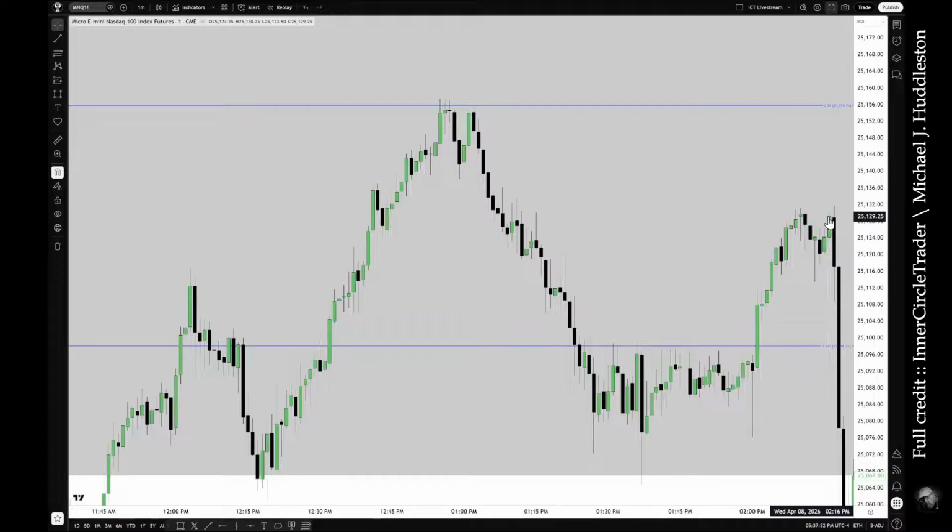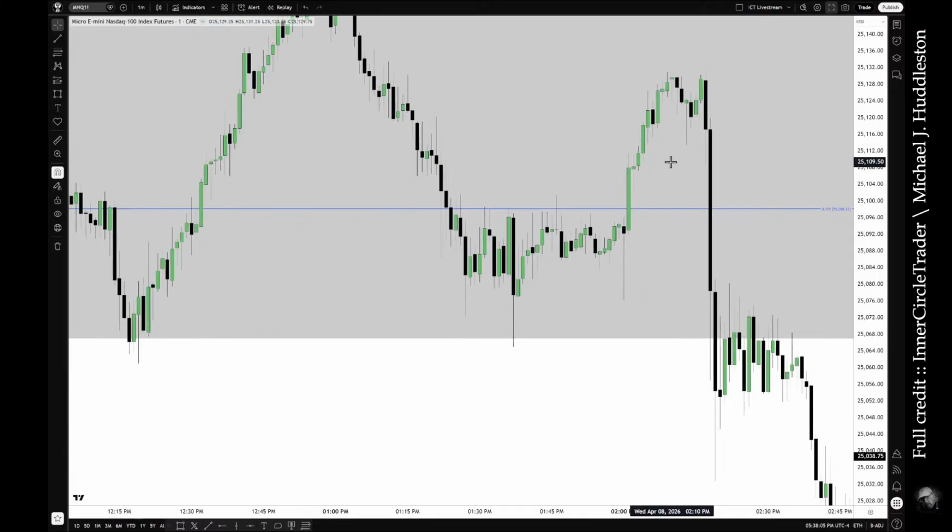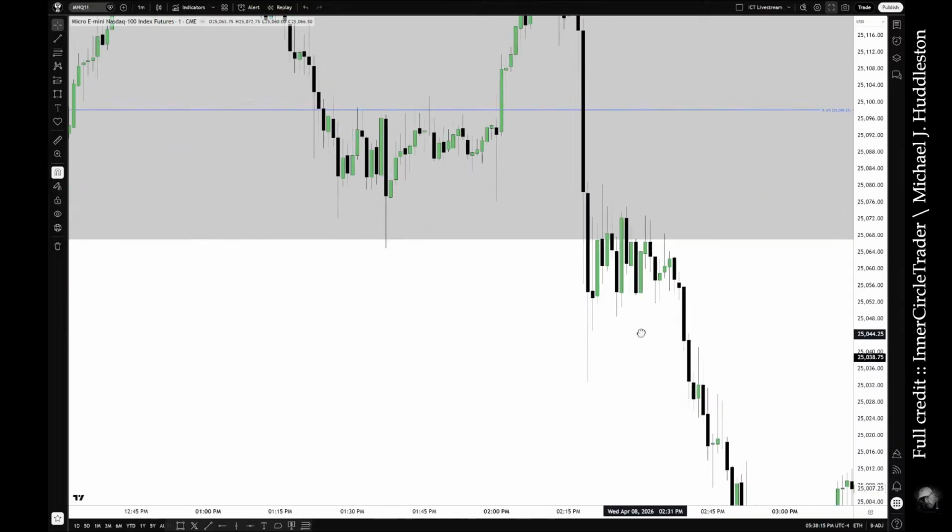event horizon level. There you go. What happens then? Trades down outside of the low of that daily suspension block. Spends time around in it. Builds liquidity here.